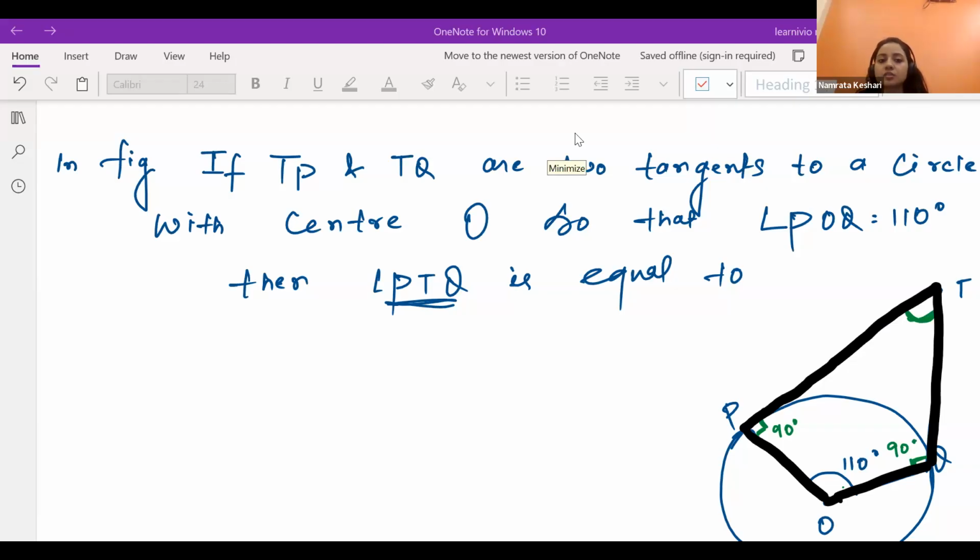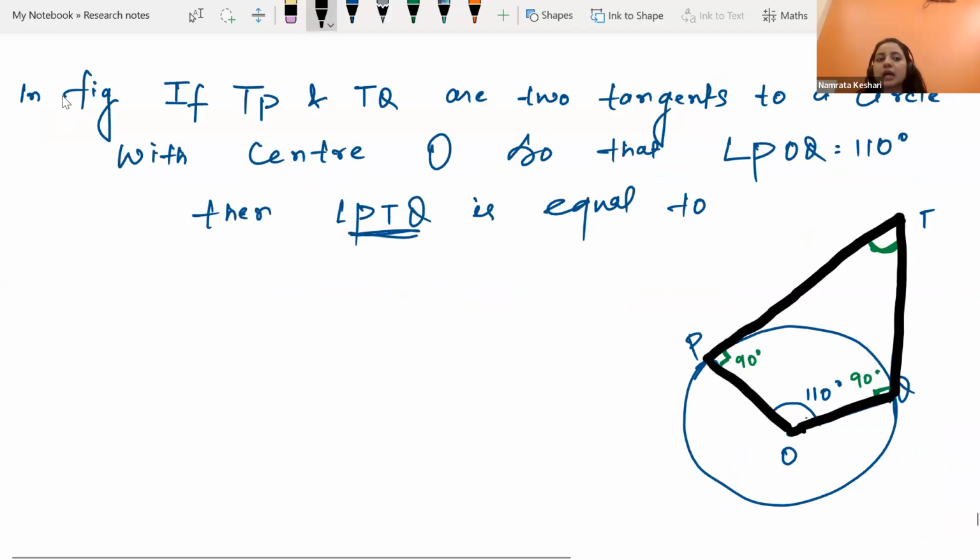Okay. So this is the question we are discussing. This is the figure we have here. TP and TQ are the two tangents, and only angle POQ is given as 110 degrees, and we have to find PTQ. Aisha, you will be able to understand once you attend that class. I am asking my team right now to send you the link.